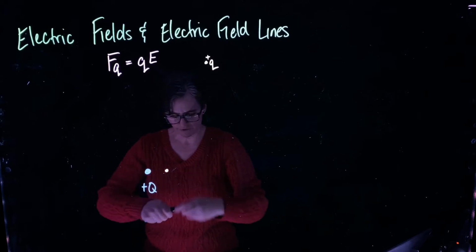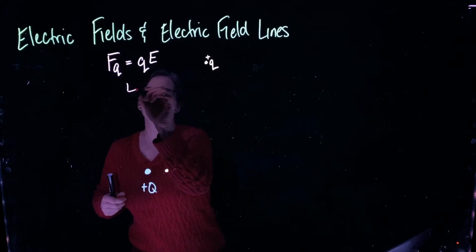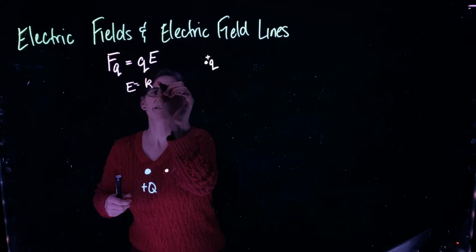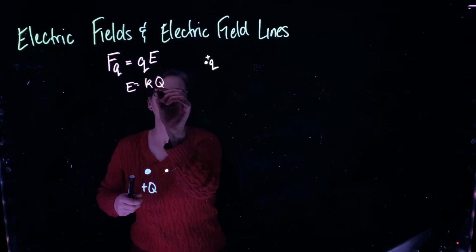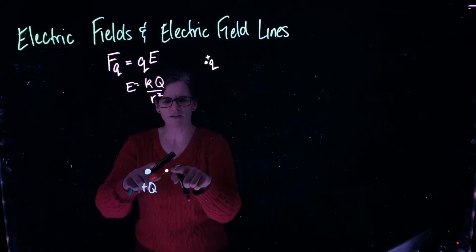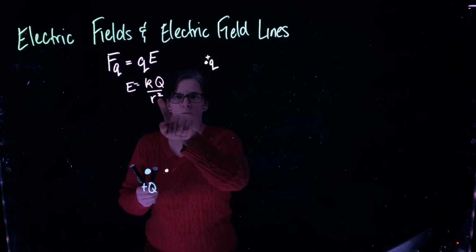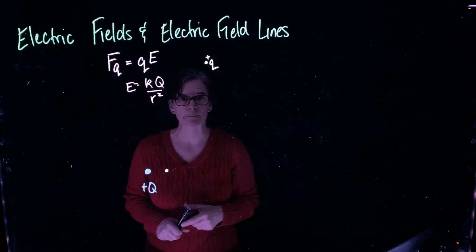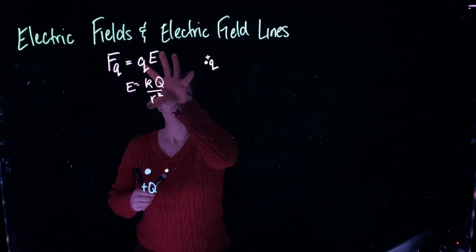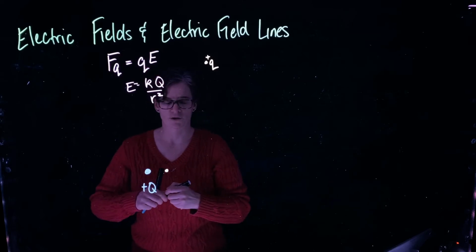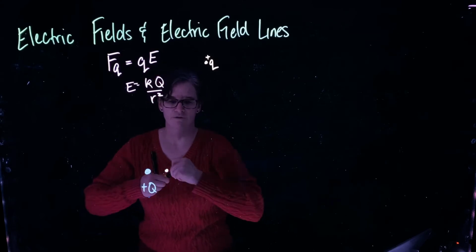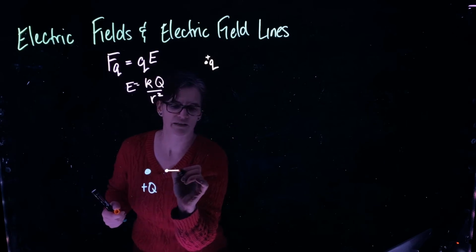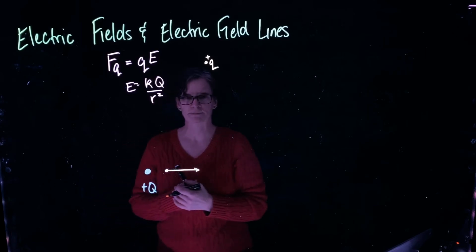And if the electric field, remember, is k times the charge itself divided by the radius squared, well, this is pretty close. So my radius is small, my electric field must be large. If my electric field is large, then my force is large. And we can represent that force with an arrow. We have a nice large force.